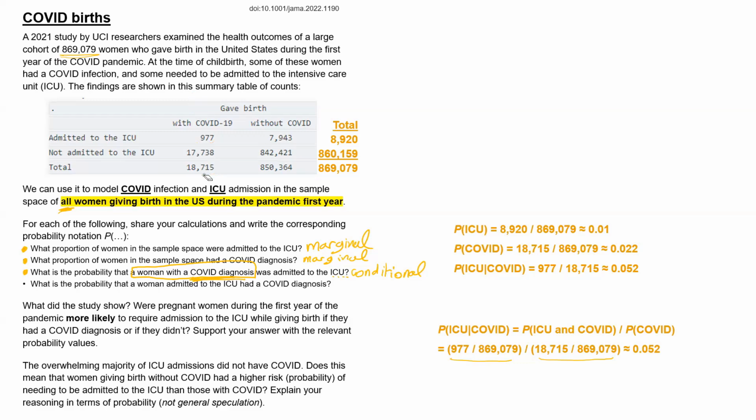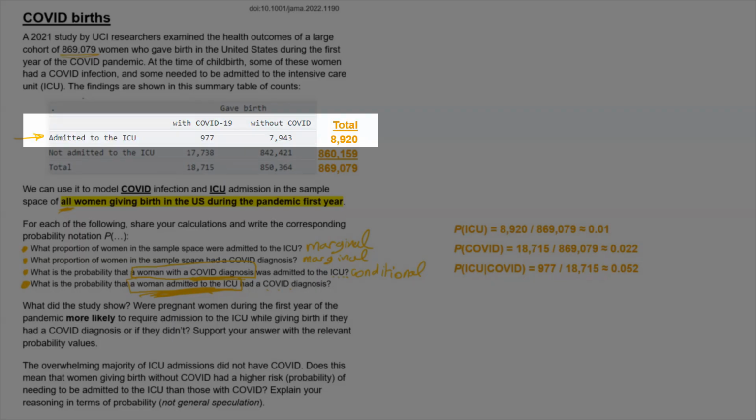We're also asked to obtain the probability that the woman admitted to the ICU had a COVID diagnosis. And here again, we have those outcomes, ICU and COVID. But this time, the probability we're looking for would only apply to a woman admitted to the ICU, which means that we are only going to be interested in those women, and so the data from the top row admitted to the ICU.